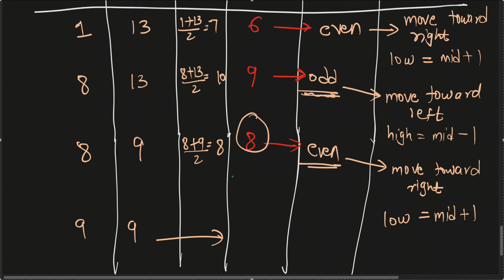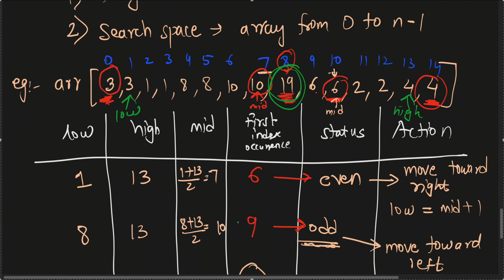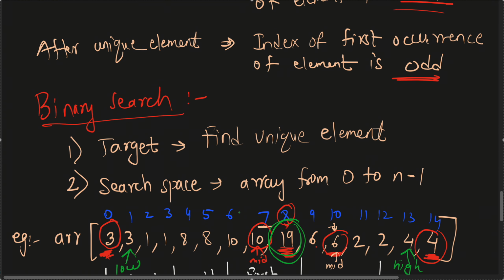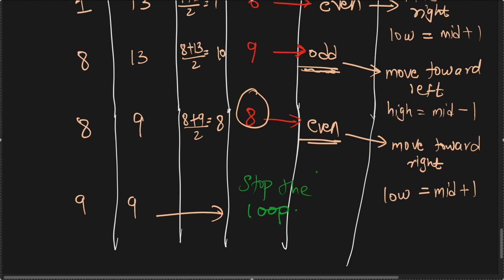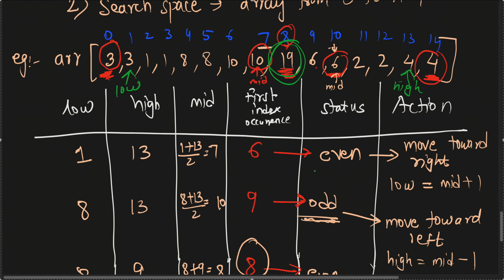So here also we can stop the loop. So this is how we can solve this problem, how we can apply binary search for this example. Similarly, we can apply binary search for the other example. I hope you understood this dry run.